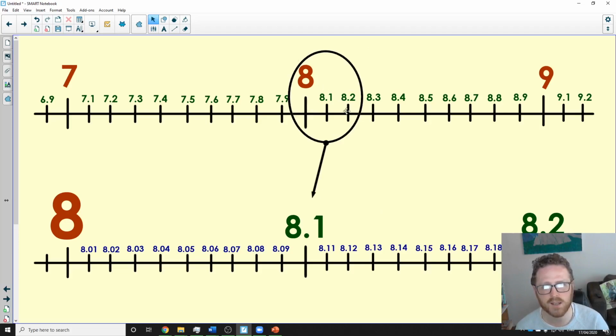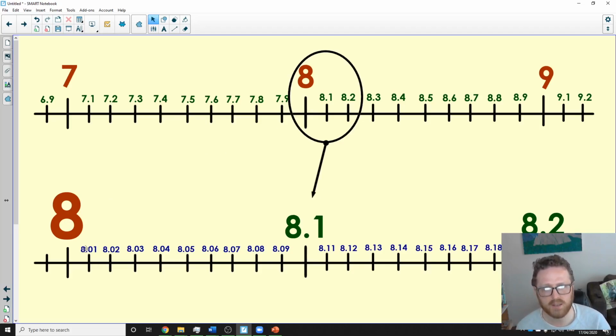So you can see here, I've got my 8 and my 8.1 and my 8.2, but if you were to zoom in, if you were to use like a little microscope, you might actually find that in between your 8 and your 8.1 and your 8.1 and your 8.2, you've got even smaller decimal numbers. So from 8, you've got 8 and 1/100th, because these have been divided into 10, and if you divide those into 10, you're actually dividing it into hundreds.